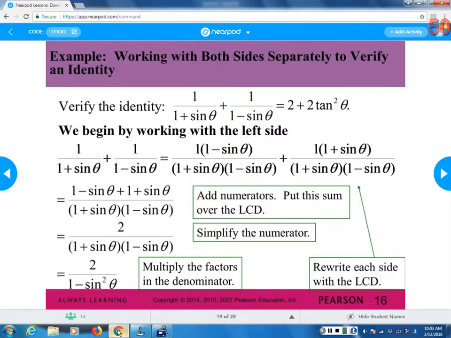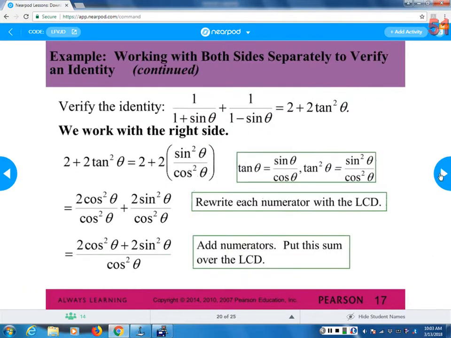They left it this way on the left side, and then they got the right side to look like this. So we'd have one more step to make that look like that. Okay, so the slideshow worked with the left side. Now they're working with the right side. They did make it more complicated, I think, by changing tangent theta and tangent squared theta.